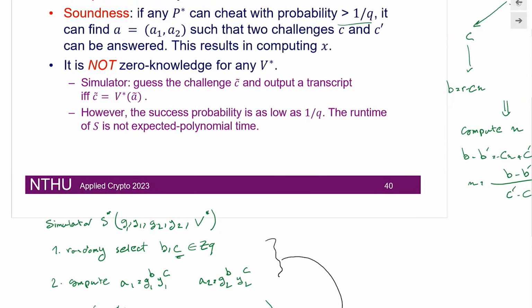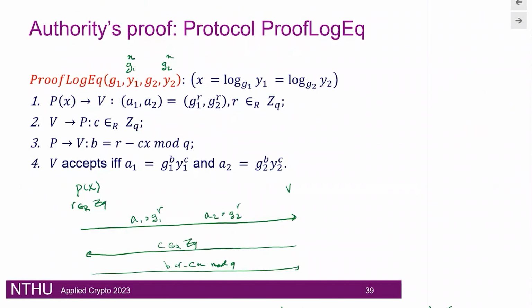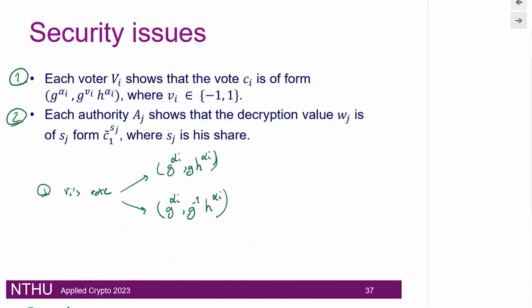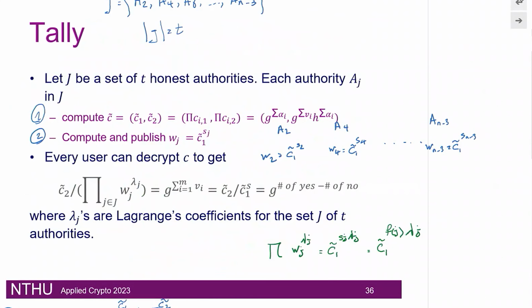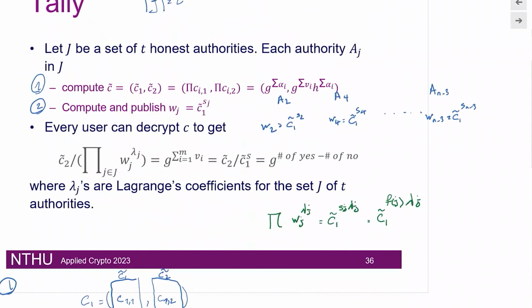So let me recap quickly. We go back to here. We showed that at some point of the computation, every authority AJ has to provide us this WJ, because these W's are important for us to recover the S, and therefore we can count the votes.